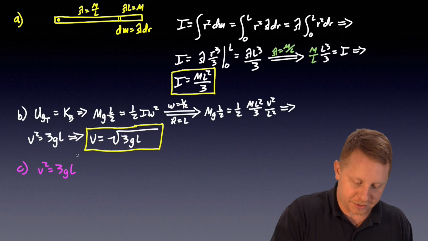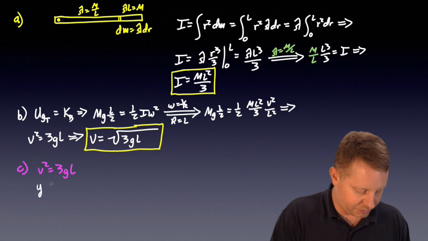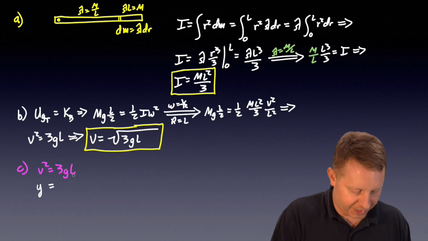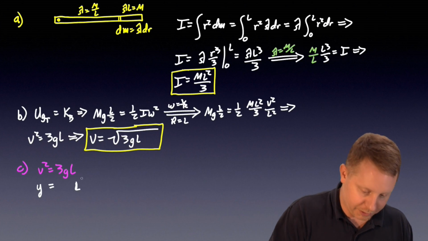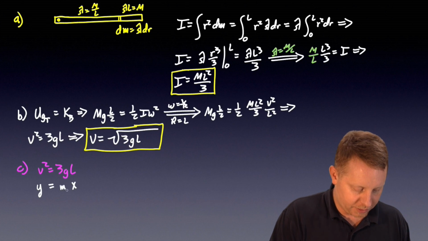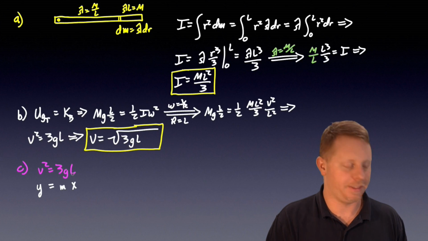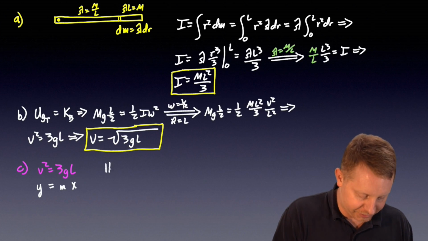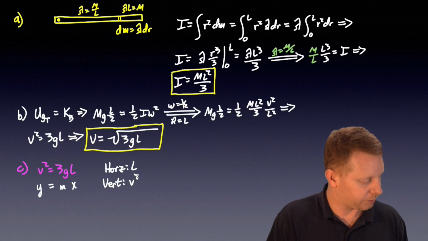So if I were to plot this in the form y equals mx plus b, I would have v squared on my y-axis, equals, my horizontal axis could be L for the x, and 3g becomes my slope. So the slope would be 3g if I put v squared on the y-axis and L on the x-axis. So for the horizontal axis, I would plot L, and for the vertical axis, I would plot v squared.